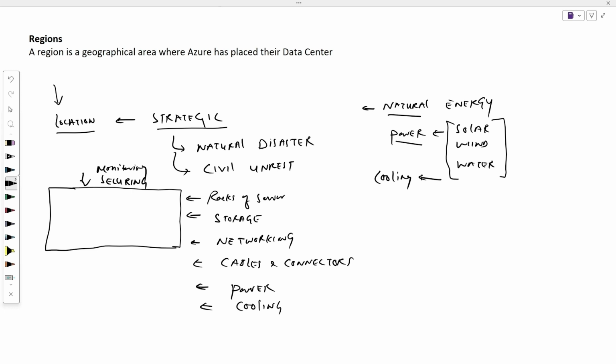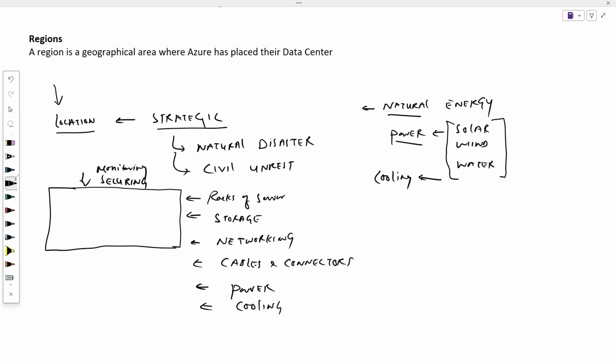These data centers will have a very high level of security, even at the physical level and at the infrastructure level. They might use multiple levels of security to enter into the data center because these resources, whatever they have placed into the cloud data center, are not being used by one customer. They are shared between multiple customers and organizations.